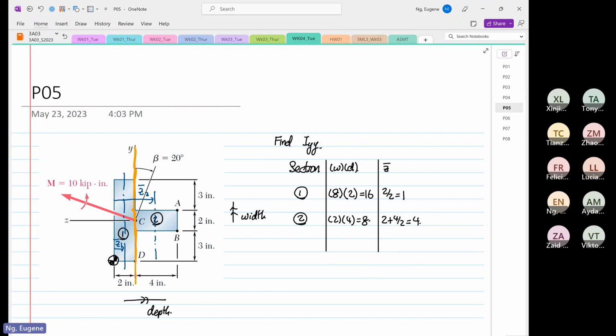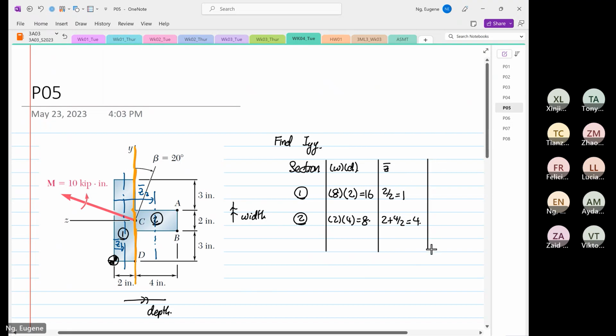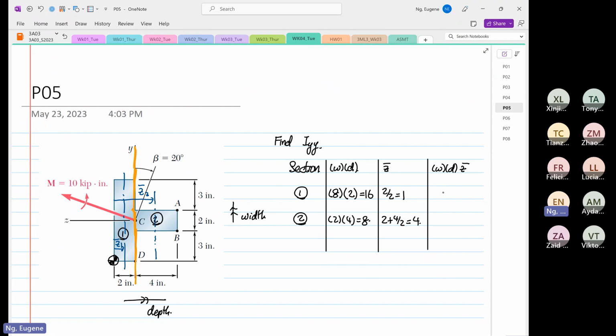Okay. And then from here, we determine our Z bar. So this is 16, 8, 16, 24, 32. So this will be 8, 16 plus 8, this is 24, and this is 48.